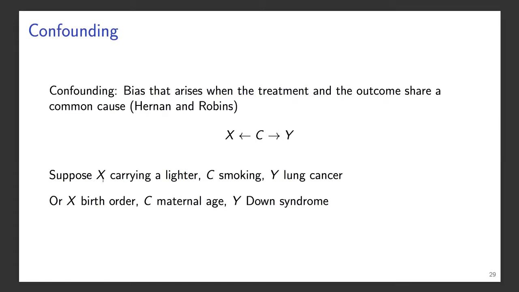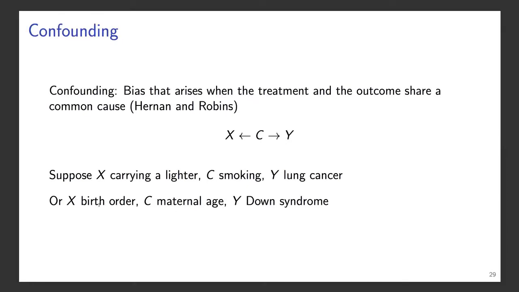So suppose, for example, X is carrying a lighter, C is smoking, and Y is lung cancer. So if you're a smoker, that makes it more likely you carry a lighter, also makes it more likely you get lung cancer. And then in our data, if we had copies of X and Y from the population, we might see an association between individuals carrying a lighter and lung cancer, even though carrying a lighter does not by itself cause lung cancer.